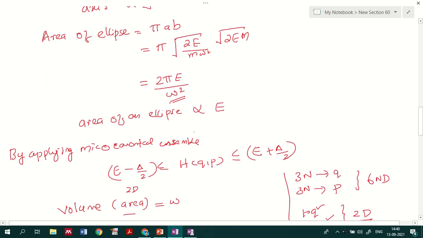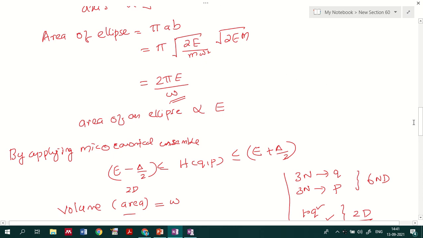If you multiply this here, then there will be only root omega square under the root, right? So there will be no square here. 2 pi e by omega will be there. Sorry for that, because here you have to take root 2 e by m omega square. So root omega square means you will be having only omega.